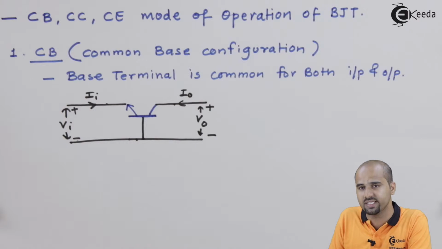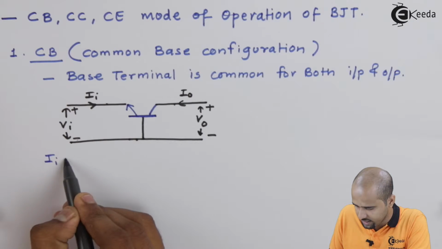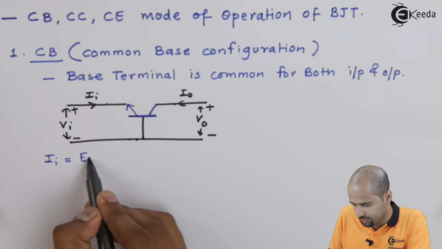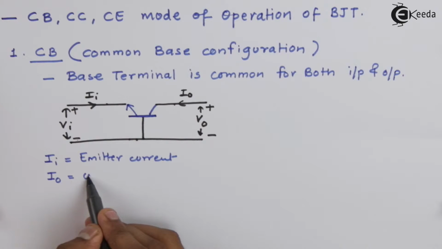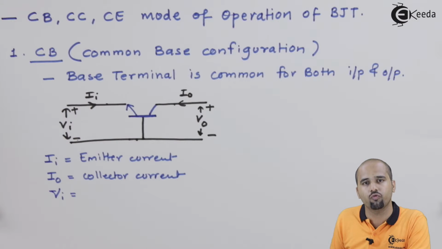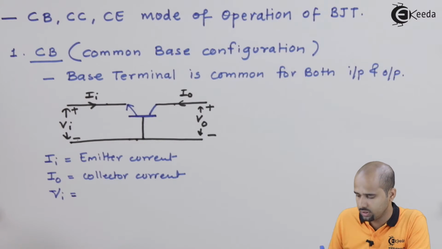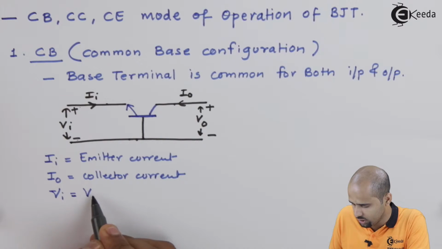Now in this case, we will learn the input relationship with current and voltage, and the output relationship with current as well as voltage. Ii is nothing but the emitter current. Vi is the difference between the potential at emitter and base, so Vi is equal to VEB.